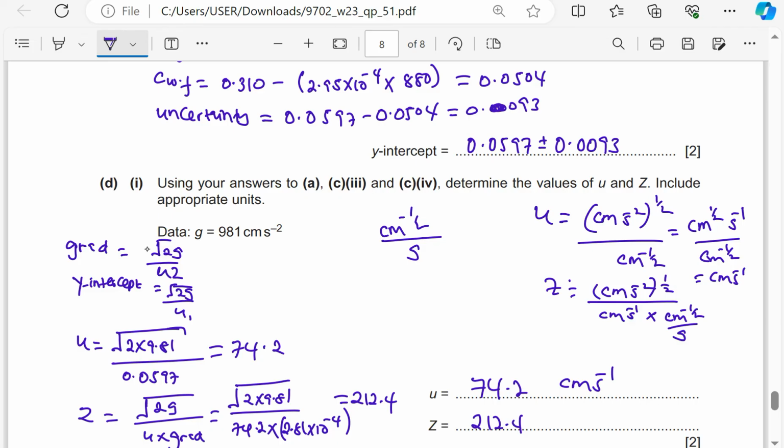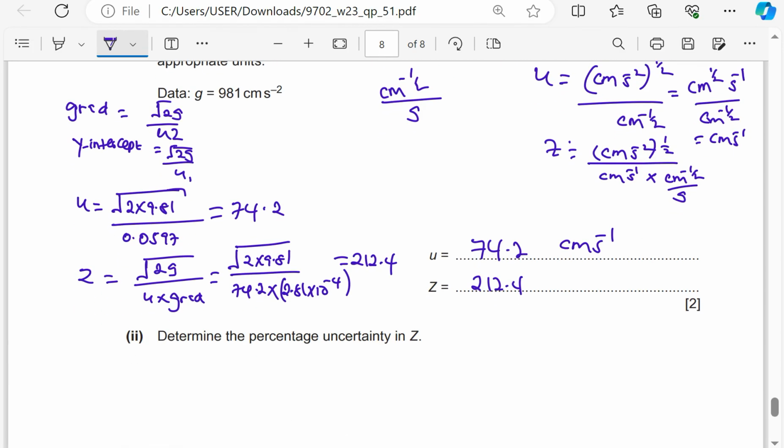So I have to do the algebra here. This becomes centimeters power a half times s power minus 1 divided by centimeters per second, then times centimeters power minus a half, then grams goes up.